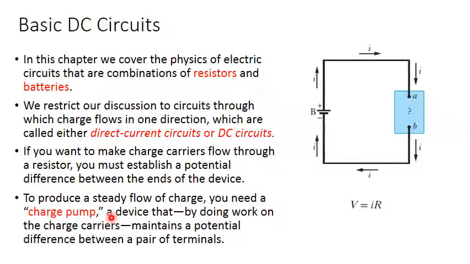A charge pump is a device that does work on the charge carriers to maintain the potential difference between the two terminals constant. So we will call this battery for a while a charge pump. This charge pump pumps the charge to make the current flow through the resistor. And in this case, the potential difference between the two terminals of the resistor would be the current through the resistor multiplied by the value of the resistor.